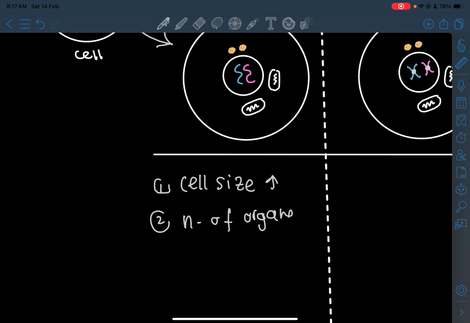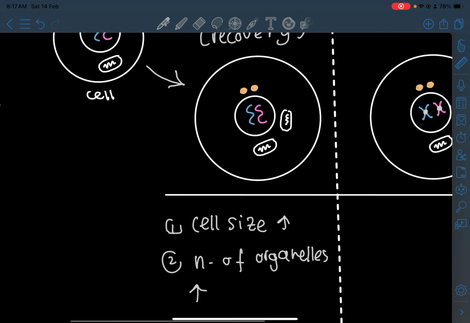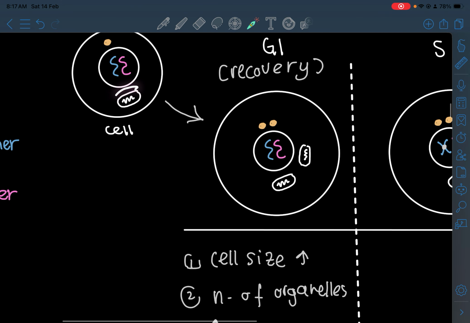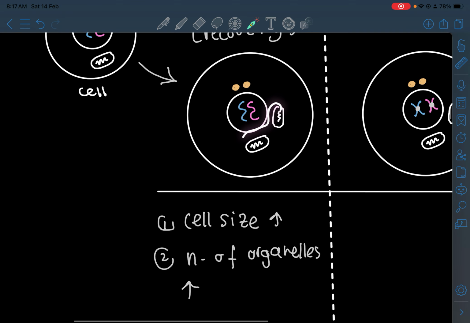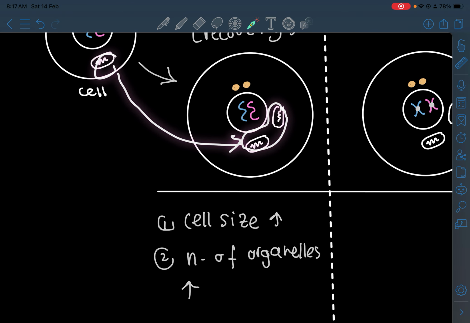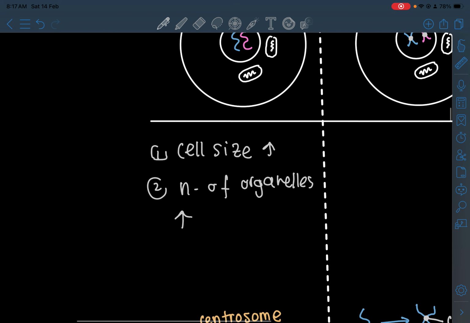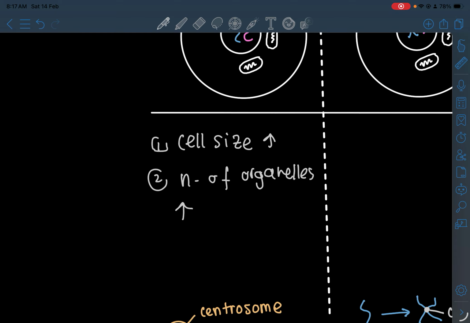For example, we can see that our original cell only has one mitochondria. And then from one mitochondria to two mitochondria. So the numbers increase. Other than organelles, they're also accumulating DNA raw materials.